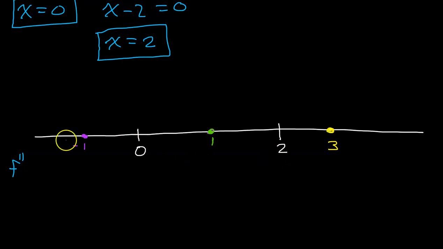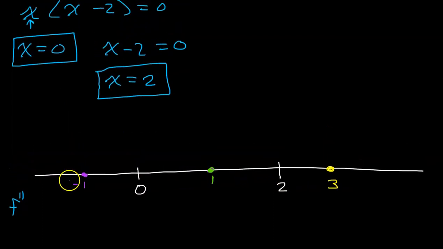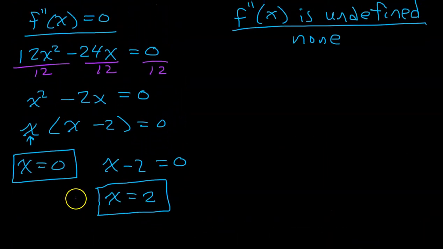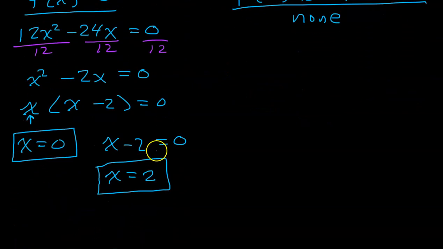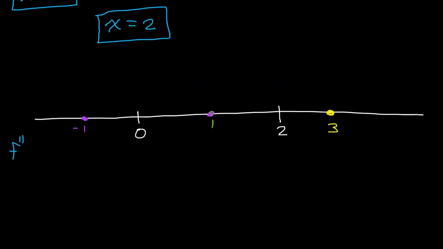Okay, so let's evaluate the second derivative. So we've got 12x squared minus 24x. Okay, so that's going to be 12 times negative 1 squared minus 24 times negative 1.